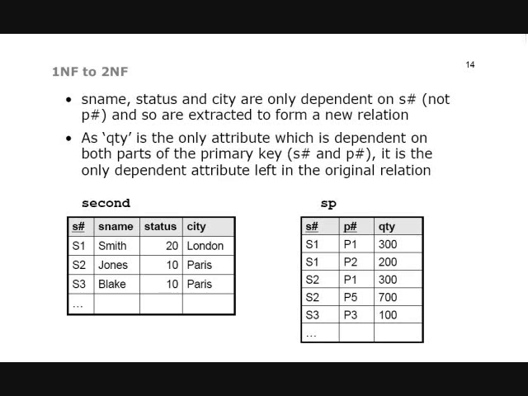So all of these things are okay, because if I had a part table and P number was the key, these things are fully functionally dependent on the key. But I think I gave you the example of the table in the first slide earlier on. So if I look at the example that I gave you earlier, just not to confuse you.